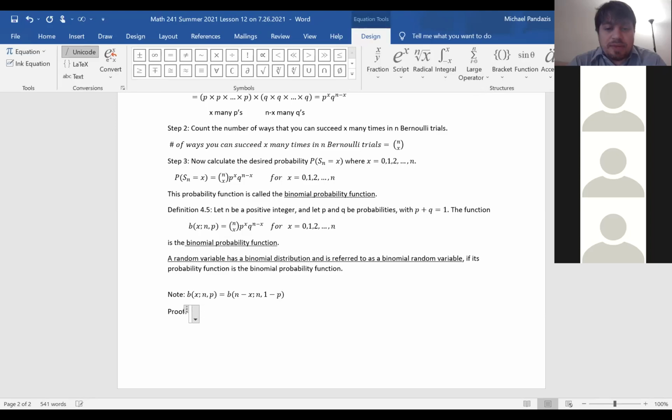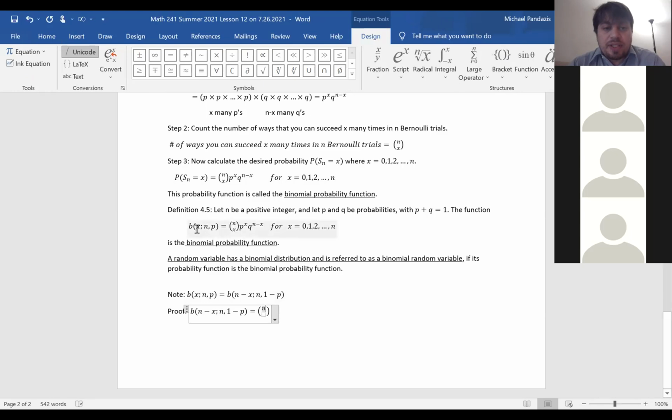because if you have b of n minus x colon n comma 1 minus p, I start with this because it's the weirder one. This is equal to, using this definition here, a total of n Bernoulli trials. You can see that here.